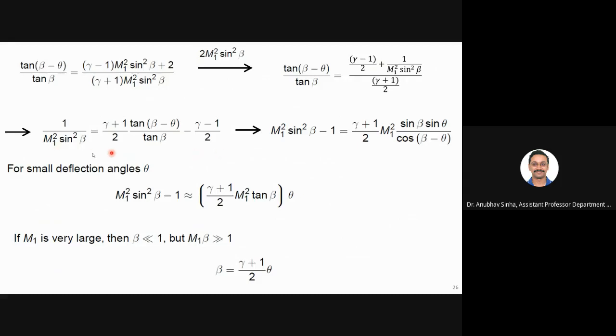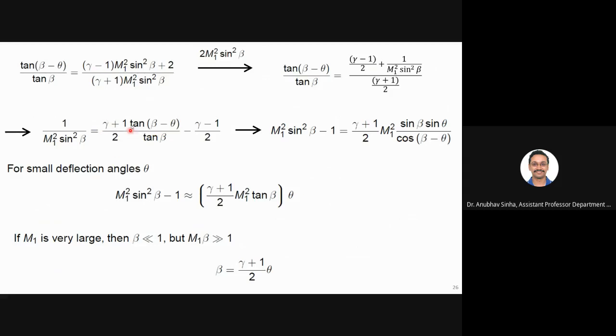So in this relation, if I take a reciprocal, so that I'm interested in m1 square sine square beta. So if I take a reciprocal, this is that, and then now if you do some expansion, tan is basically sine and cos. So I can write this RHS in terms of gamma plus 1.